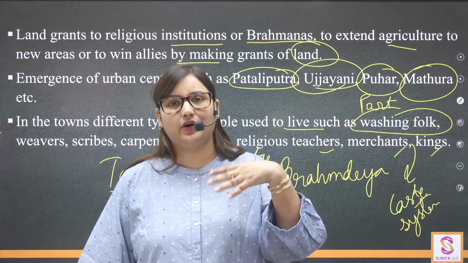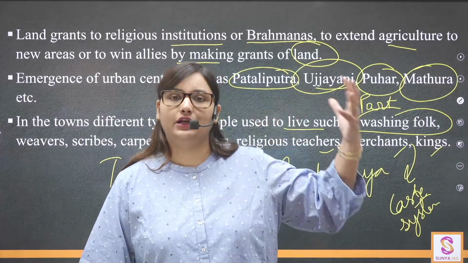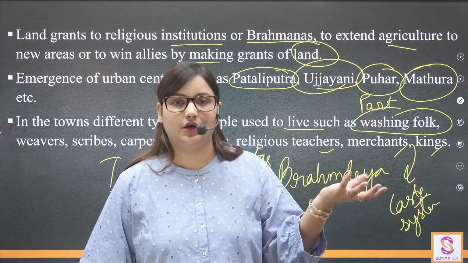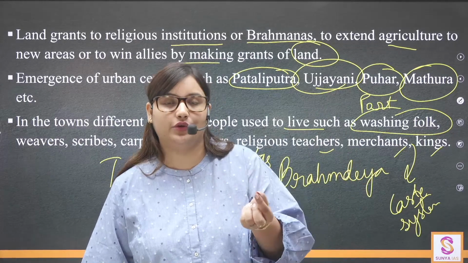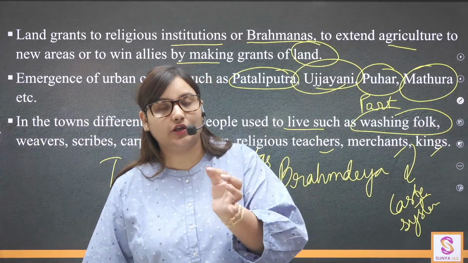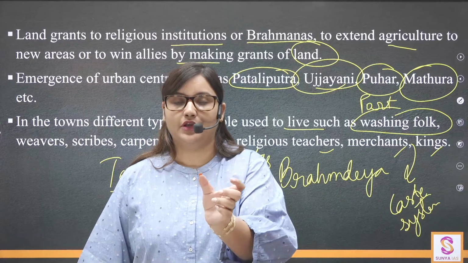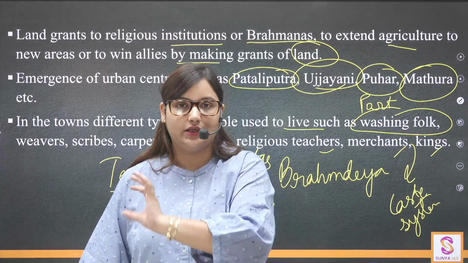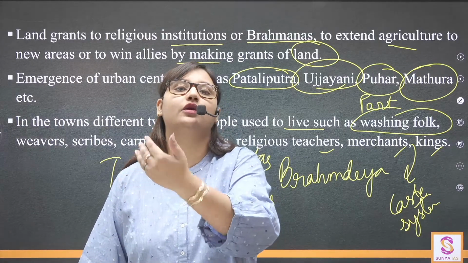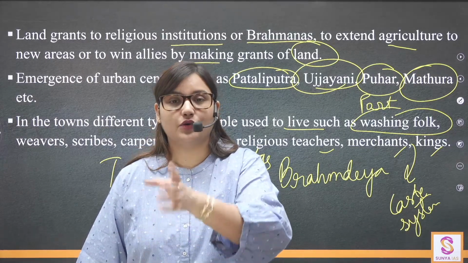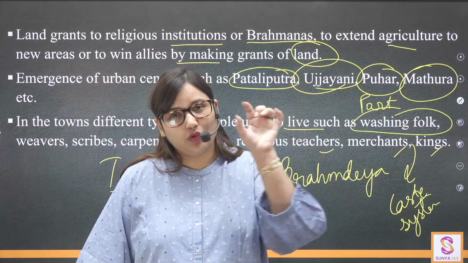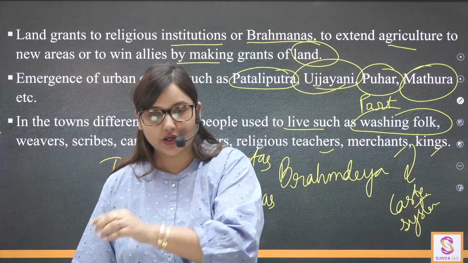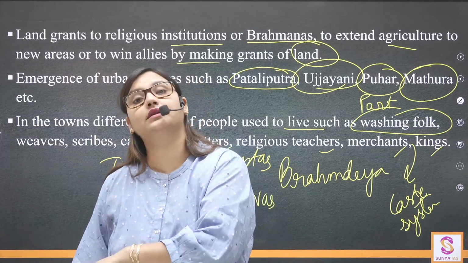For example, being a teacher is like a Varna, but which teacher? Which subject do you teach? If you are a history teacher, then you will get this surname, indicating that people associated with this surname are history teachers. So to make it more specific, caste and then subcaste came. Varna, caste and then subcastes.